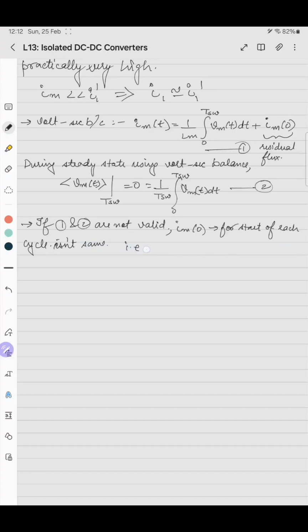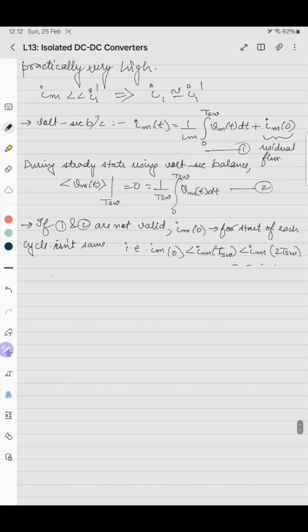That is, Im at 0 is less than Im at T switching, which is less than Im at 2T switching, and so on, which means that the waveform of Im will be like this.